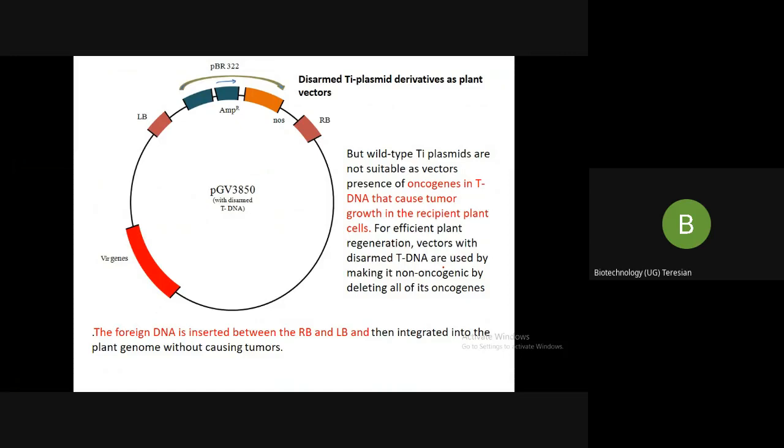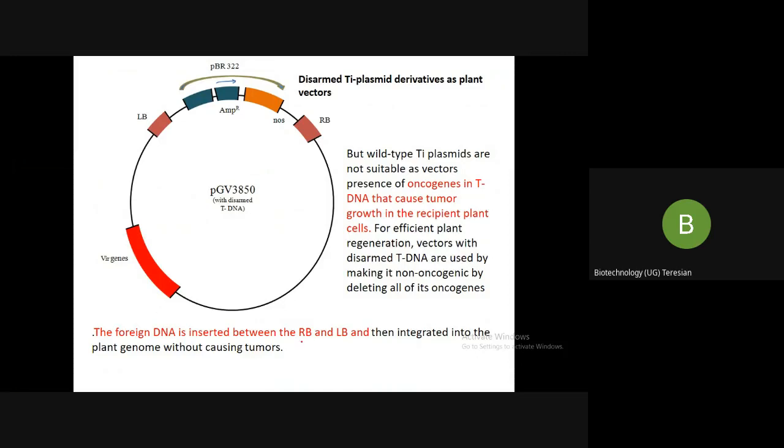That should be deleted. The foreign DNA is inserted between the right and the left border and then integrated into the plant genome without causing any tumor. So we remove that oncogene and in the place of that, we add the foreign DNA between the right and the left border.